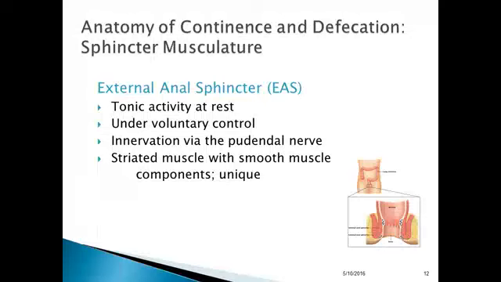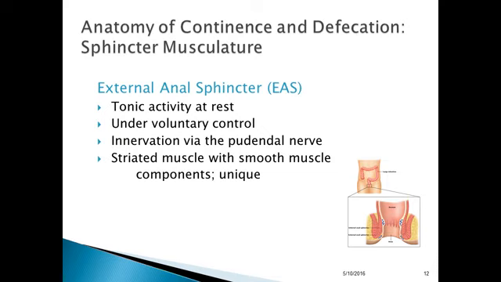The external anal sphincter, or EAS, is composed of both striated skeletal muscle and smooth muscle and overlaps the internal anal sphincter. This striated muscle of the external anal sphincter can be voluntarily contracted or relaxed. It is innervated by the somatic fibers of the pudendal nerve, which exits the spinal cord at S2, S3, and S4.